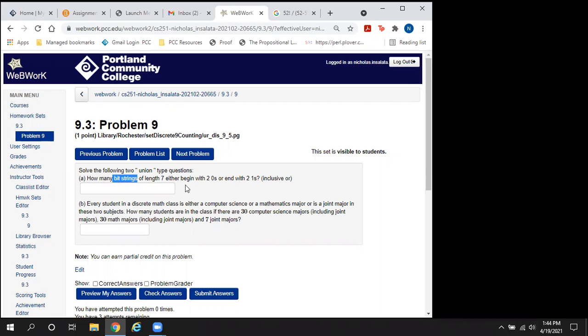For example, a bit string that began with 2 zeros would be 0011010. That would be a bit string that begins with 2 zeros. So how many bit strings begin with 2 zeros?